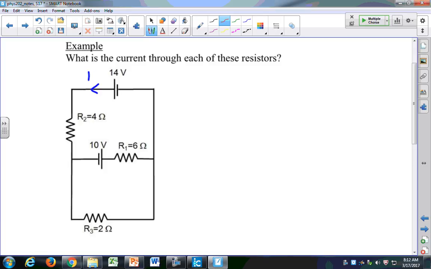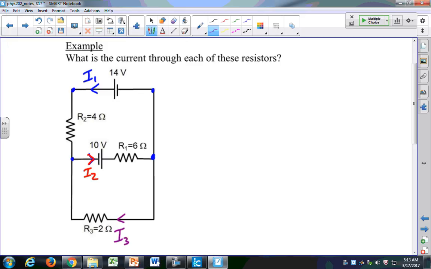I'm going to take I1 to be right here. So remember, I1 starts here and goes through the upper part of the circuit. I'm going to say that I2 moves through that middle branch, and then I3 goes through this branch.